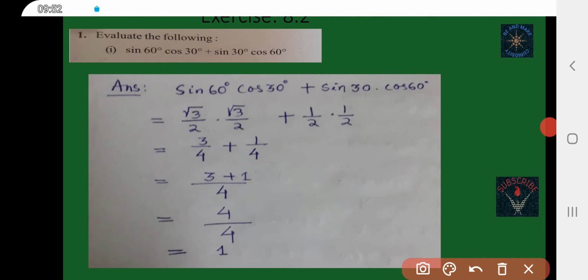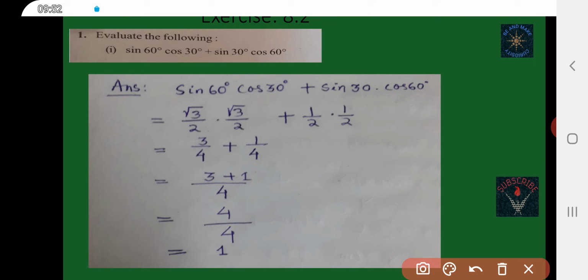Next, see exercise 8.2, question number 1, first part. Here sin 60 degree into cos 30 degree plus sin 30 degree into cos 60 degree. Find the value. Sin 60 degree is root 3 by 2, cos 30 degree is root 3 by 2, plus sin 30 degree is 1 by 2, cos 60 degree is 1 by 2.